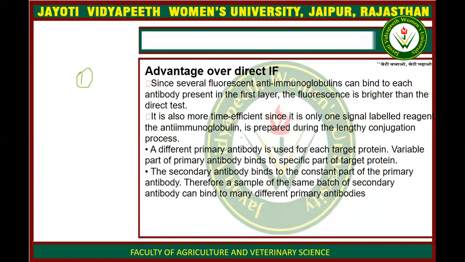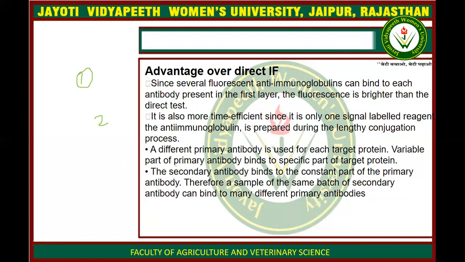So the first advantage is that the light and the picture are clearer in indirect immunofluorescence. It is also more time efficient, taking less time. That is the second advantage.